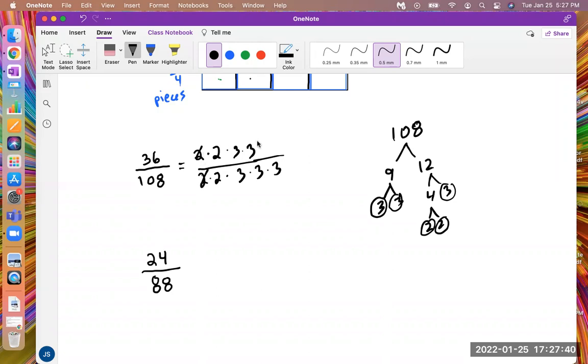I have to be careful here. If there's any addition, I cannot cancel. You can only cancel common factors, not add-ins.